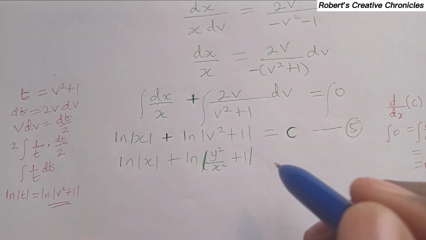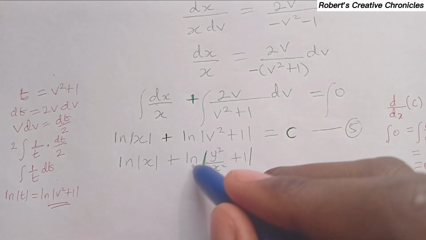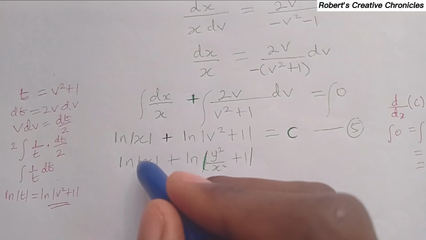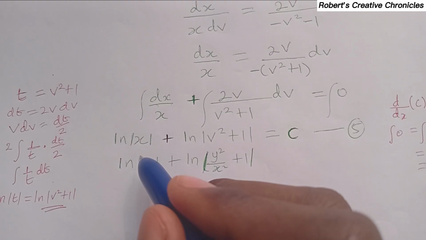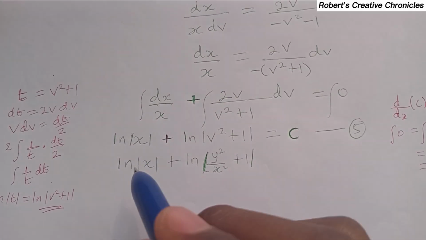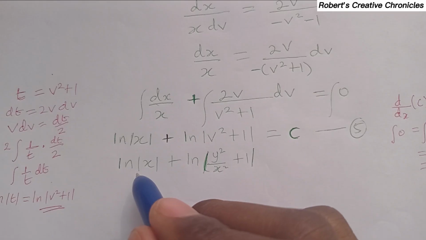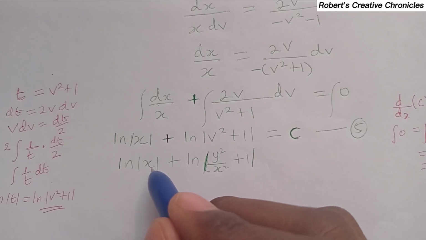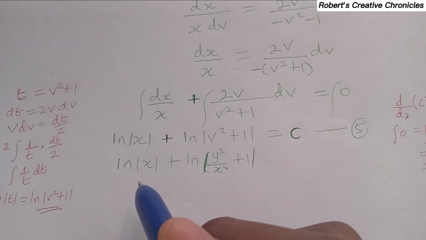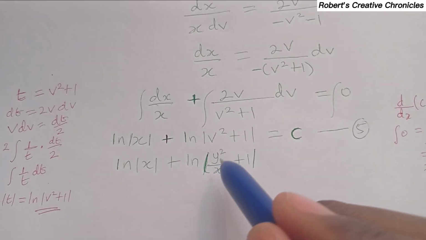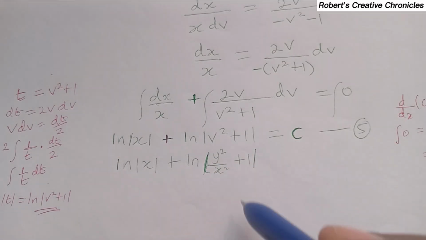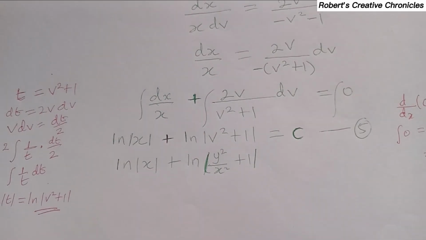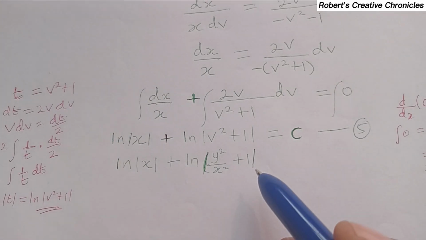So these are absolute brackets, meaning the natural logarithm of the absolute value of x, and this is also the natural logarithm of the absolute value of y squared over x squared plus 1. So these two bars are not like a normal bracket. They are absolute brackets.